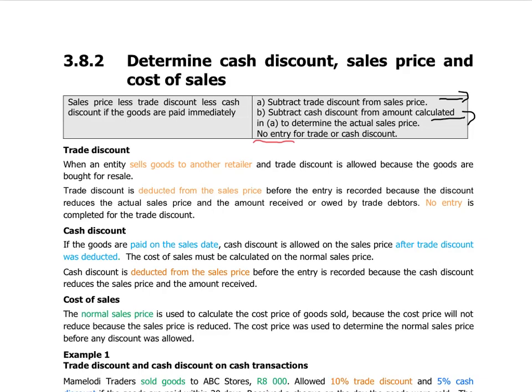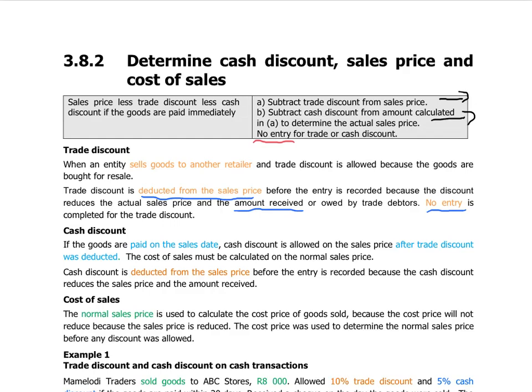Trade discount is deducted from the sales price before the entry is recorded, because the trade discount reduces the sales price and it will reduce the amount received as cash or the amount that is owed by trade debtors. No entry is recorded for the trade discount.